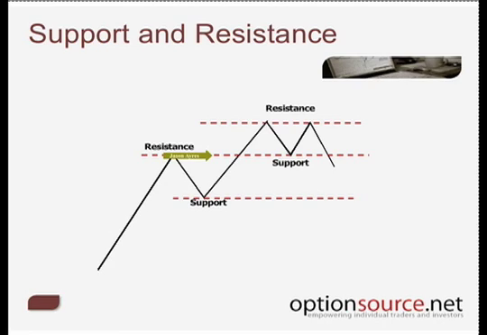However, as it breaks through that level, we would then look to the next resistance level as a target. So the idea is that as we push into these previous levels, we can use those levels as a means of establishing a target.